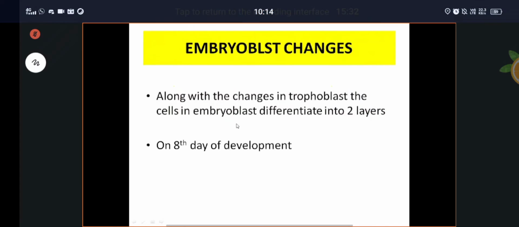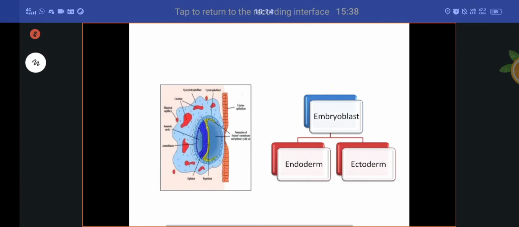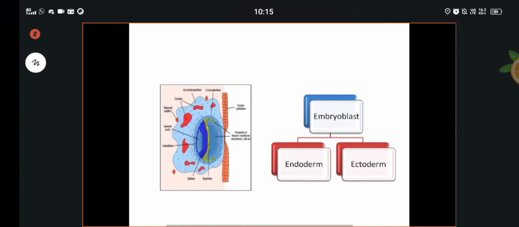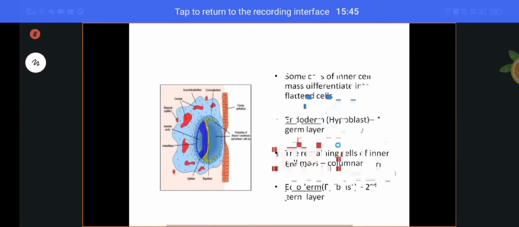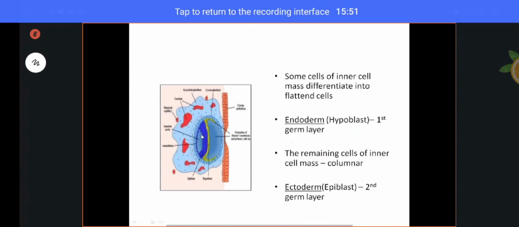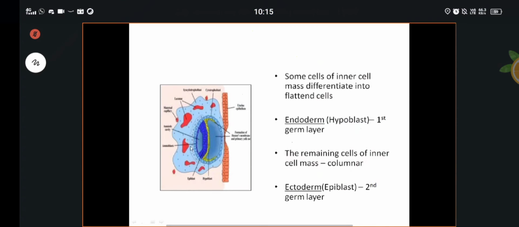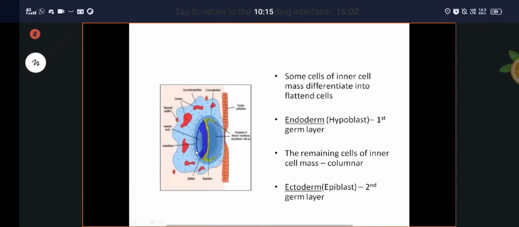So on the 8th day of development, this embryoblast differentiates into 2 layers. What are those 2 basic layers? They are ectoderm and endoderm. Endoderm is also called hypoblast, the first germ layer to develop, whereas the second germ layer to develop is the ectoderm, which is also called epiblast.